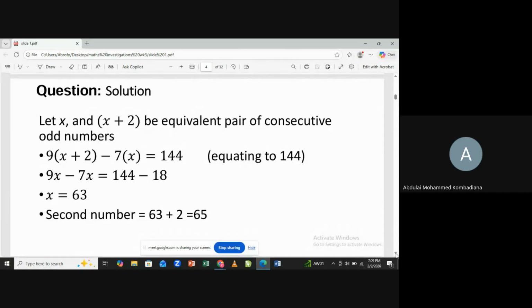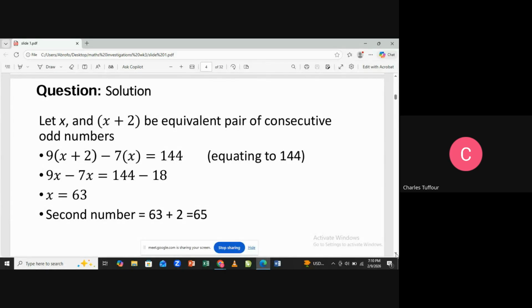Because one property of odd numbers is the addition of two. Okay, I think I will accept it.